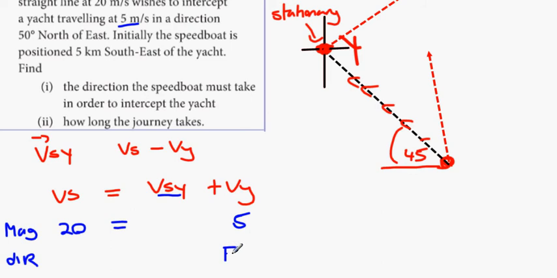We know that the direction of Vsy has to be 45 degrees northwest. So we have 4 pieces of information out of 6. This means we're able to do this question.